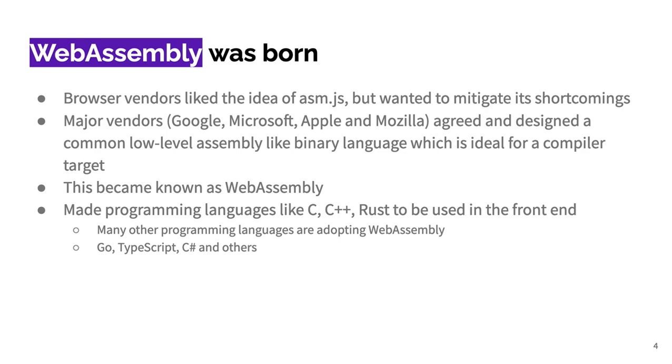So we have to make a language, or a machine code or bytecode-like language that browsers can understand. Once we design that and all the browser vendors agree, you can bring up a specification saying, okay, you can have your browser understand this new language, which is WebAssembly. So that's exactly what happened. This is what became known as WebAssembly.